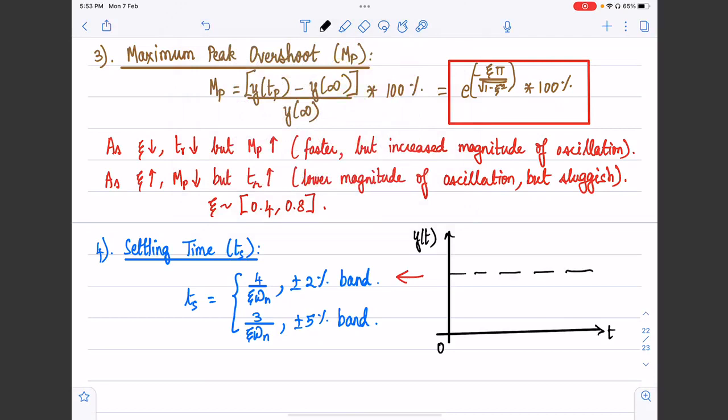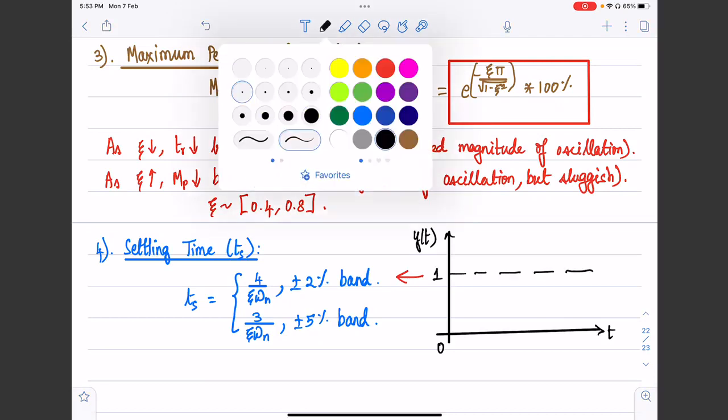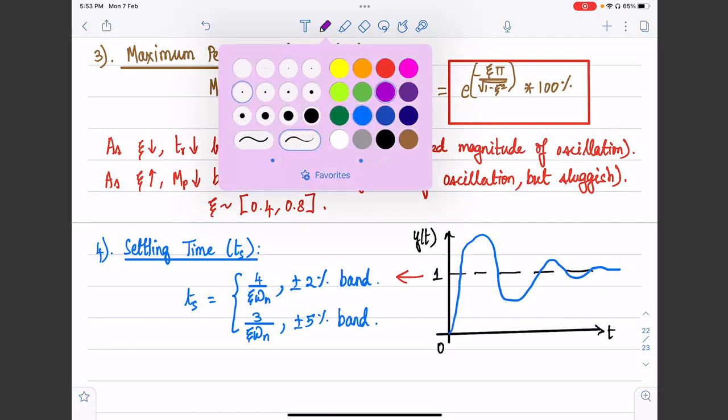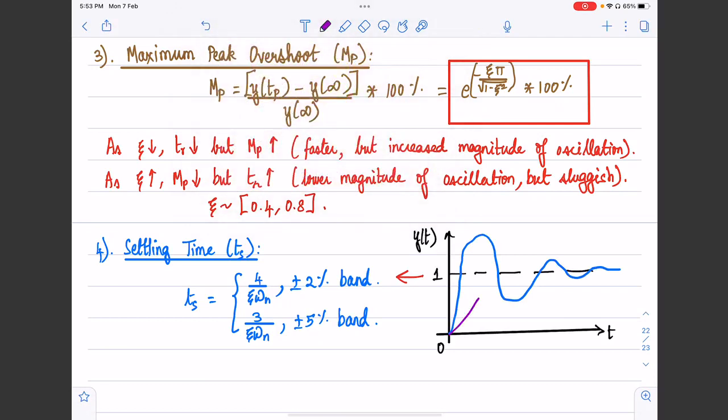Let me say this is the steady state value of 1. For low damping, this is very fast, right? But there is a huge peak. For high damping ratio, the peaks may be smaller, but the response time is slower, right? So this is what happens as zeta increases.